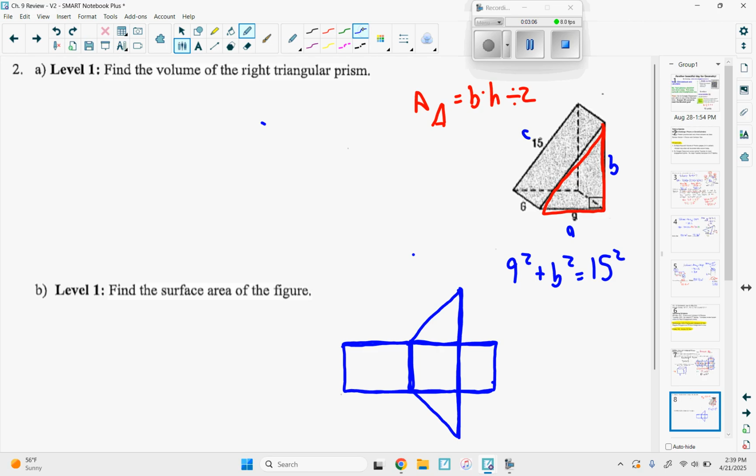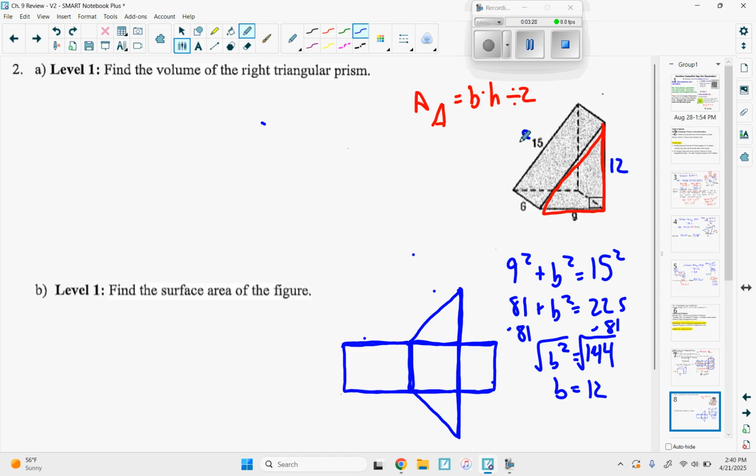So let me go ahead and finish up the Pythagorean theorem here. And let's subtract. We get b squared equals 144. Let's square root both sides. So this length is 12. That's our height of our triangle. All right.